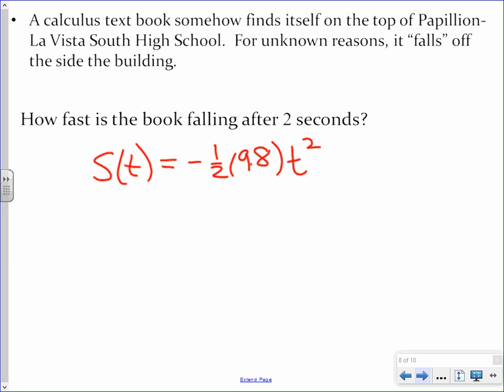If it gave us the initial height of the building, we could throw that in. Now, here's the deal. It doesn't matter what the initial height of the building is because they're asking for how fast the book is falling. If we take the derivative, what happens to our initial position anyway?